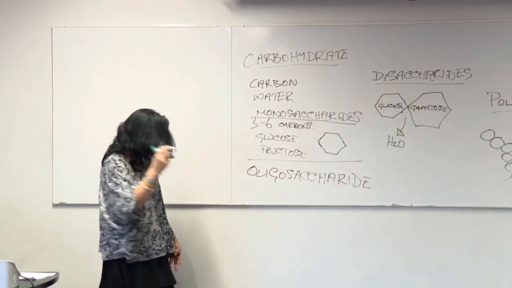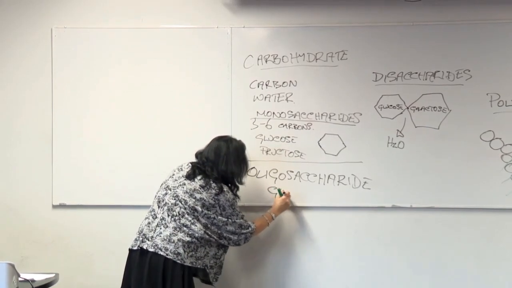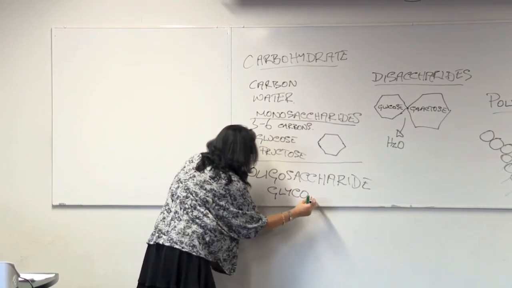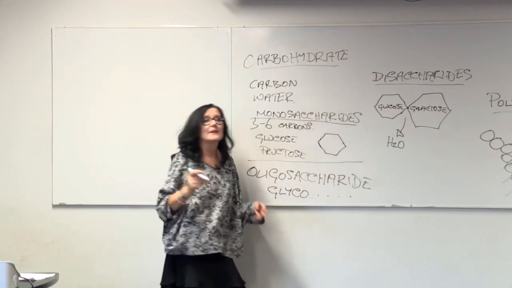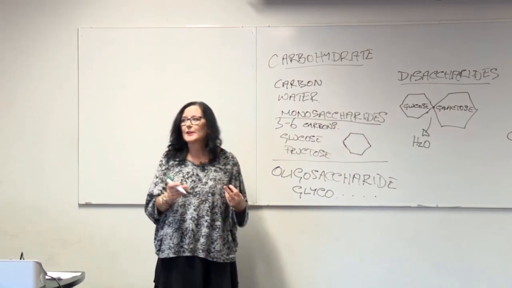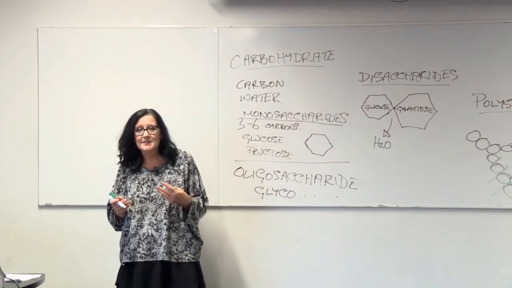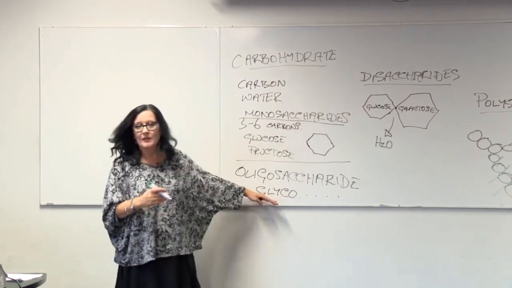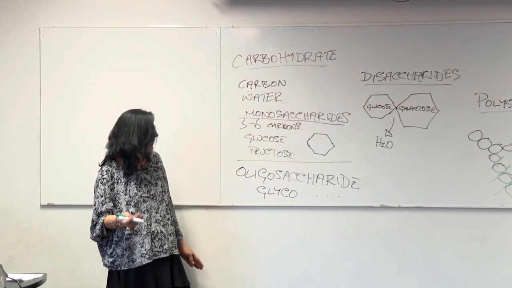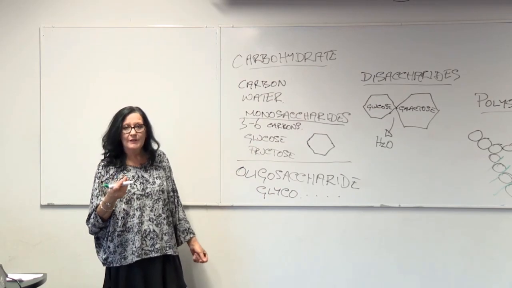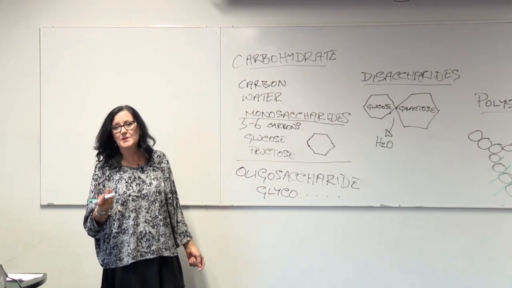So we talked about glyco: we can have glycolipid, we can have glycoprotein, we can have glycolipoproteins. This is where we have a sugar and we bind something to it, and quite a few of them are very important structures in the body.